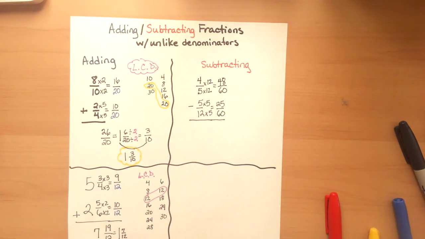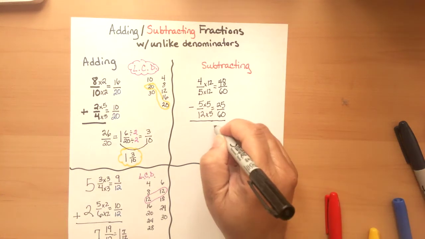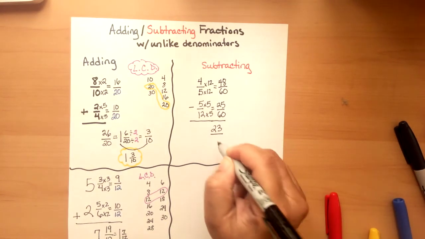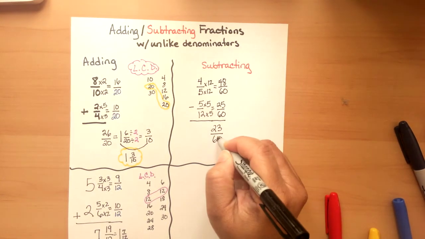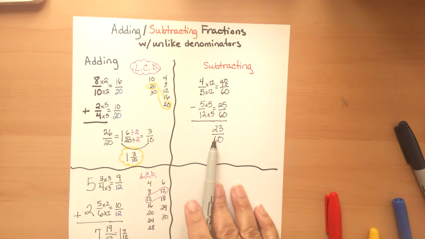Now I want to subtract 48 minus 25 is 23 over 60. And I have to ask myself, is this fraction simplified?